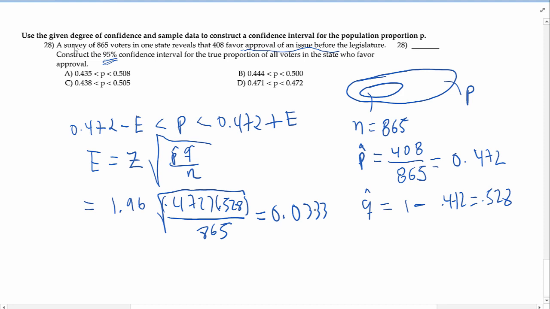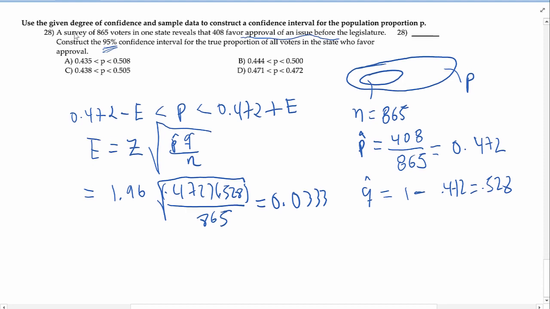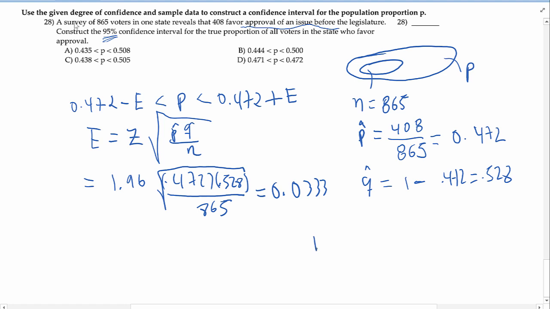All right, so now we're ready to build the interval. So our interval is 0.472 minus the error, which is 0.0333, and it will give me, to 3 decimal places, 0.439.